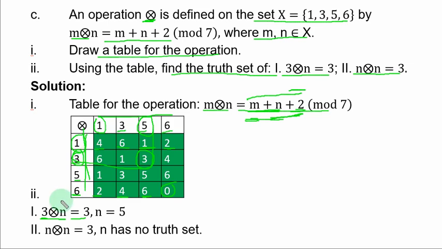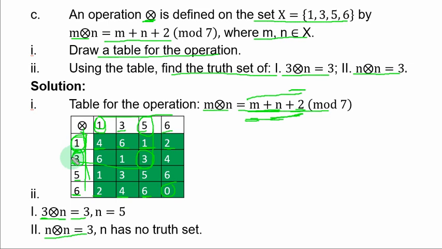Part 2 of Roman figure 2, n times n equal to 3. What that means is that two of the same value, okay, let's start with 1 and 1. When m is 1, n is 1, the remainder is 4. You cannot take n as 1.